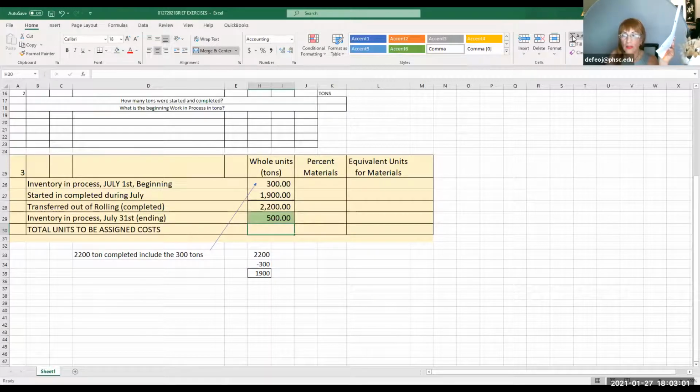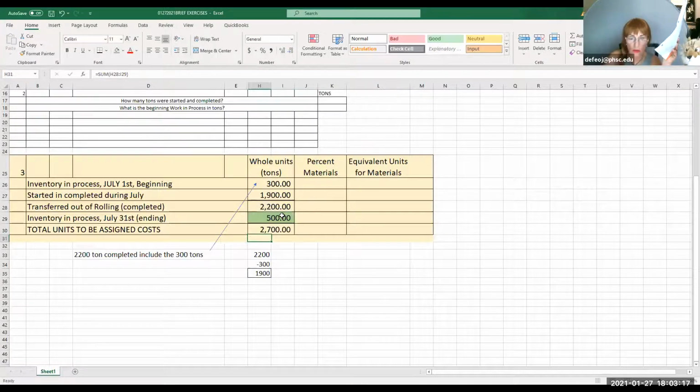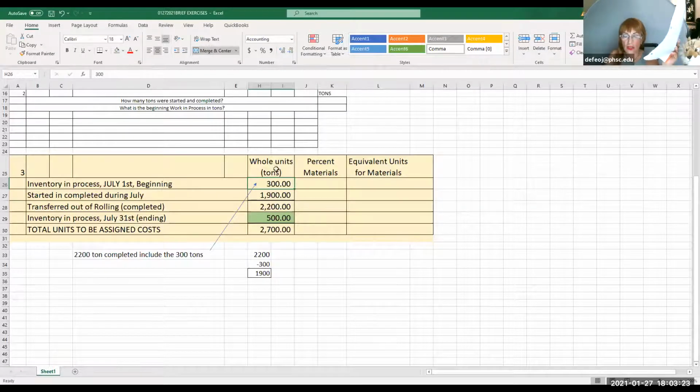What am I going to get if I add this and this? 2,700. Good, very good. So we did the whole units. Now notice the first number is not money, it's tons. There are no dollar signs involved.